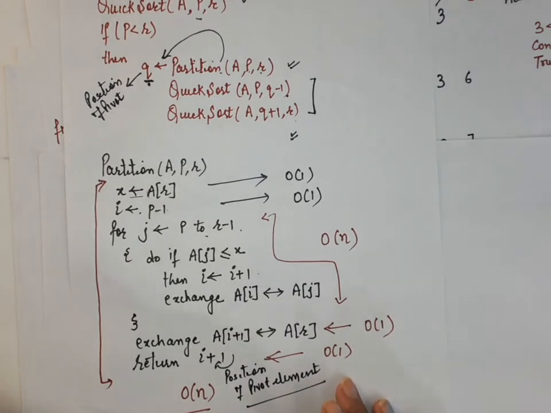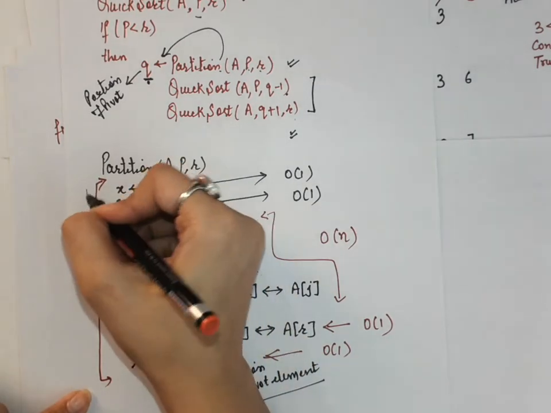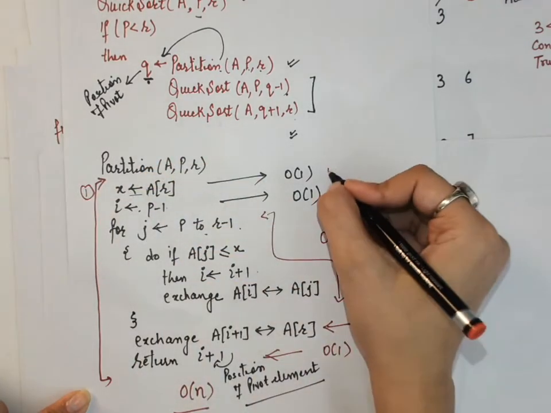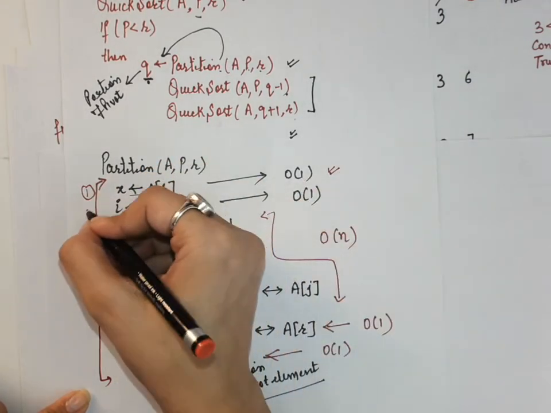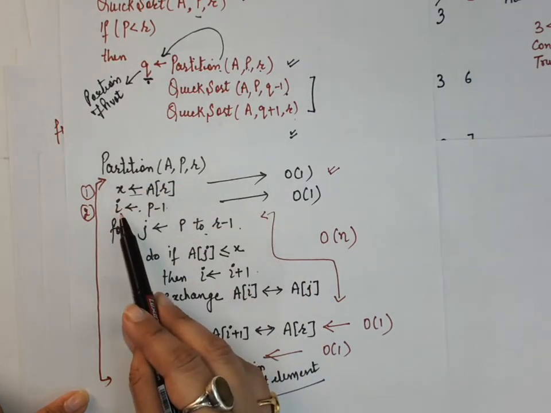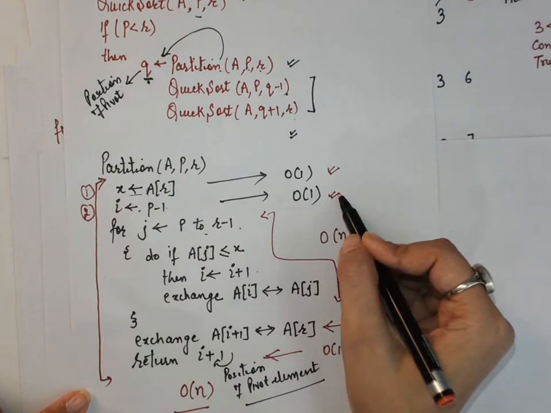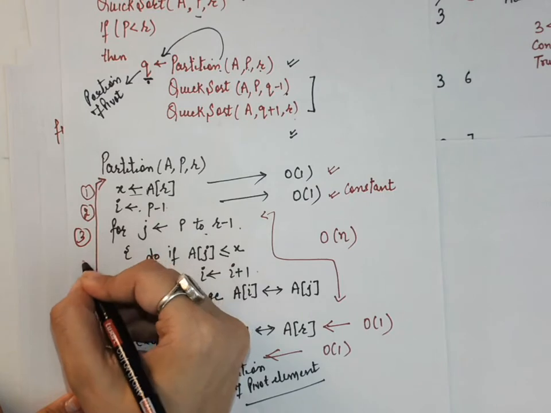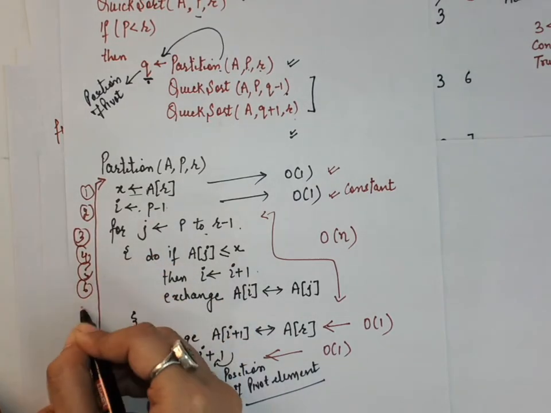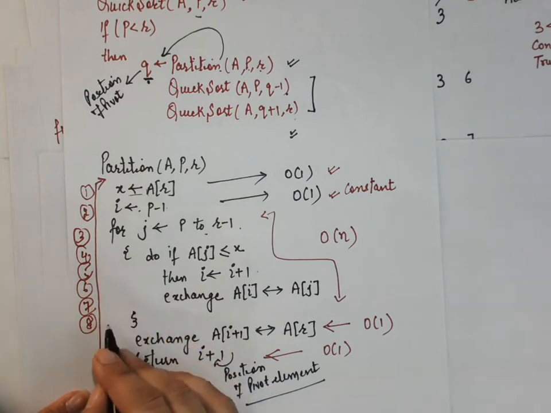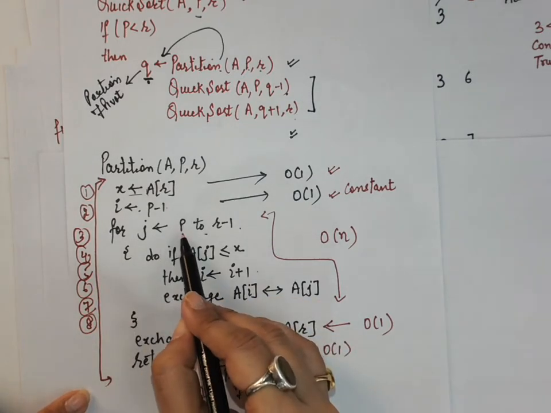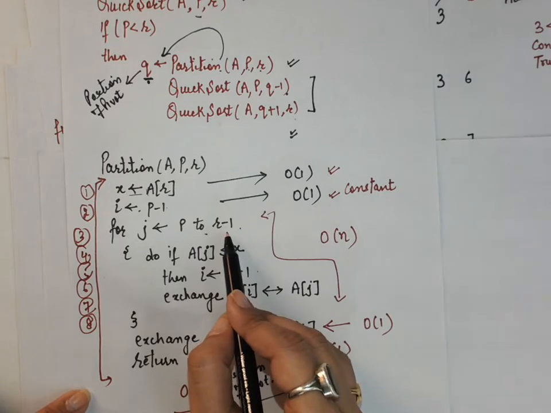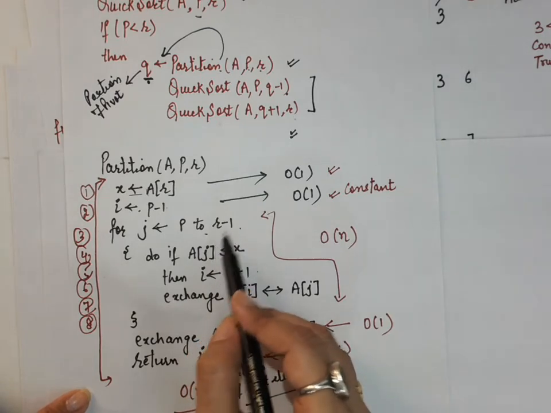So we see how much time this partitioning algorithm will take, means how many comparisons will be there. In line number 1 only assignment is there, so complexity would be constant. In line number 2 again there is assignment, so complexity would be constant. For line number 3 to 8, a loop is running from the initial index to approximately the last index, means n times the loop is running.